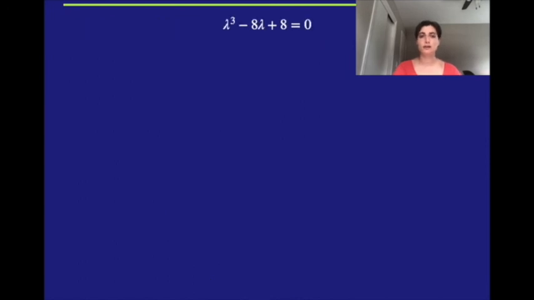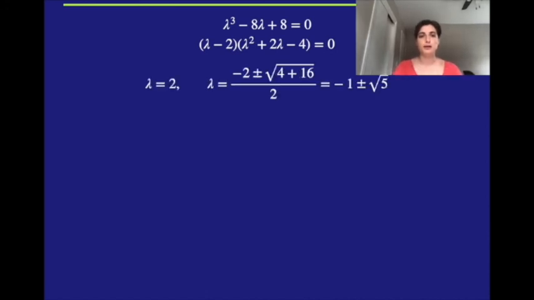So we can rewrite our algebraic equation as a multiplication of 2 lower order terms, and by straightforward second order formulas, you can find that the second and the third root are minus 1 plus or minus square root of 5.